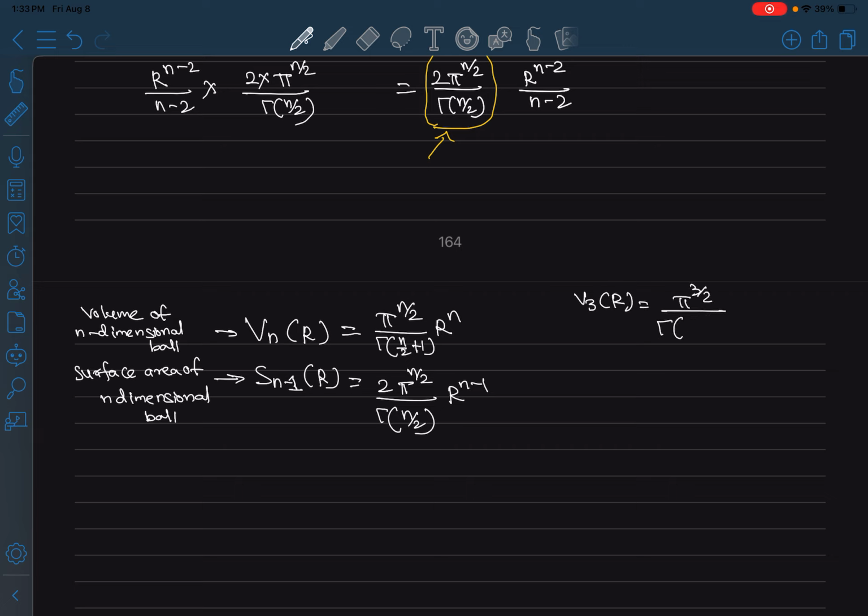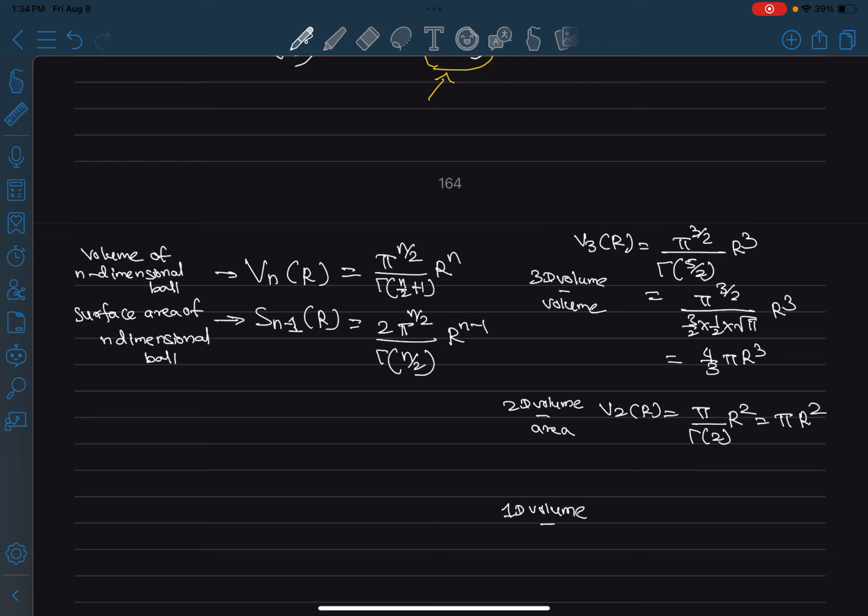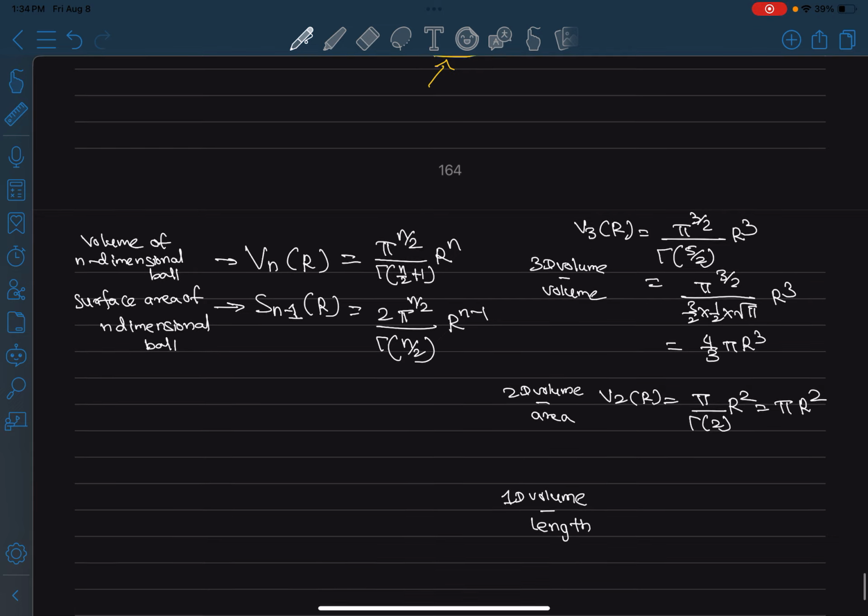So now notice that 3D volume is just volume, right? Now 2D volume over here is area. So what do you think is 1D volume? What do you think is 1D volume? It should be length, right, according to our perspective, and that's exactly what the formula will give.